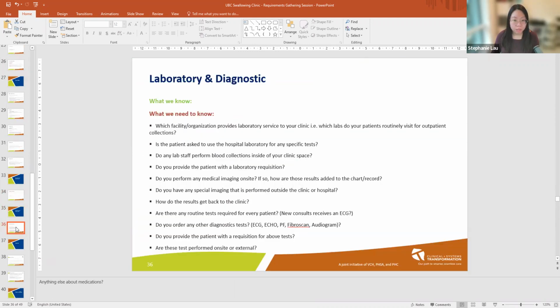I guess this one's just a generic slide. Is any lab blood work performed for these patients, or typically no? No. And then the diagnostics, or the assessment, would typically be just the MBS.